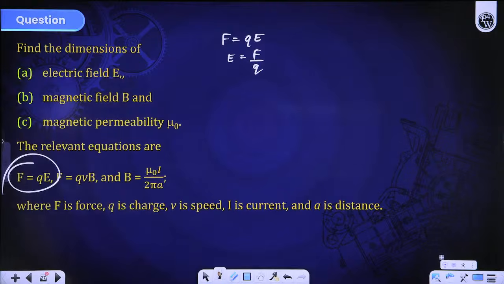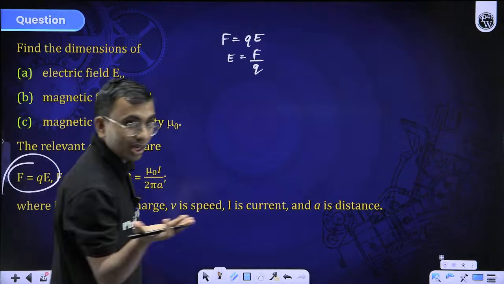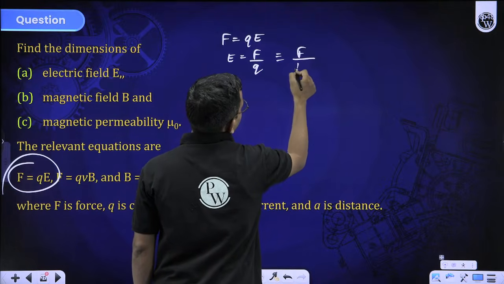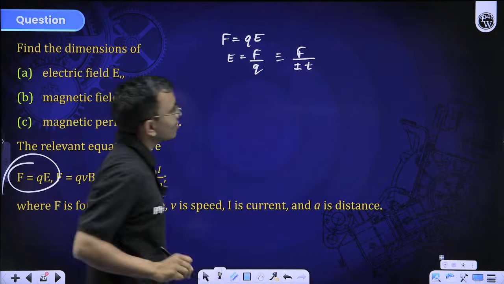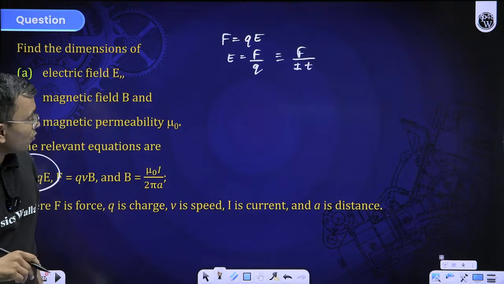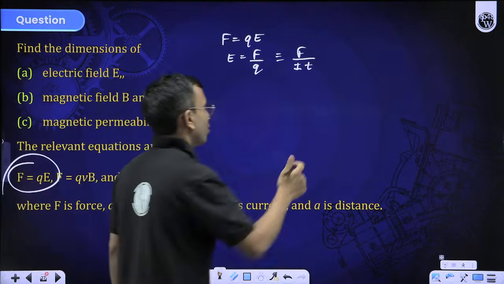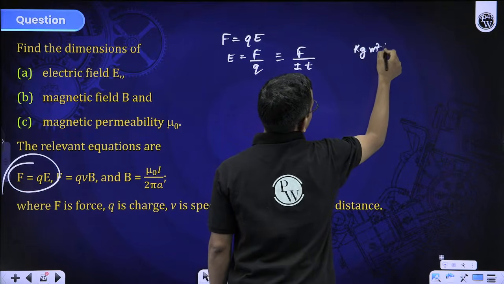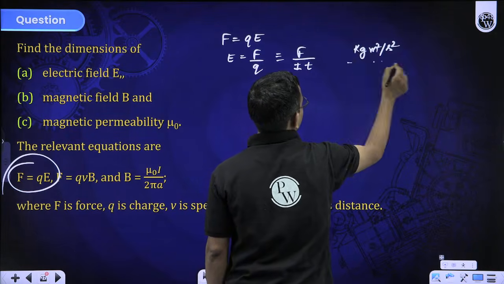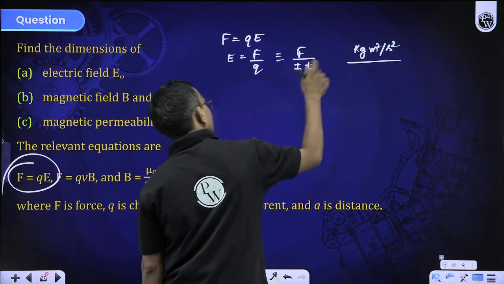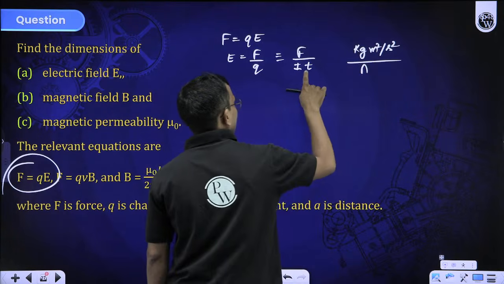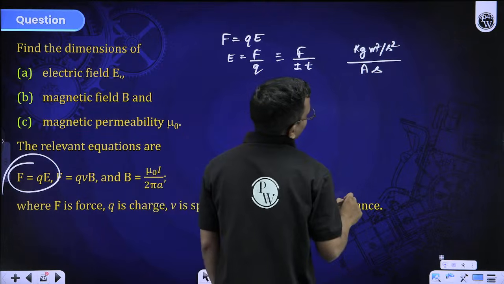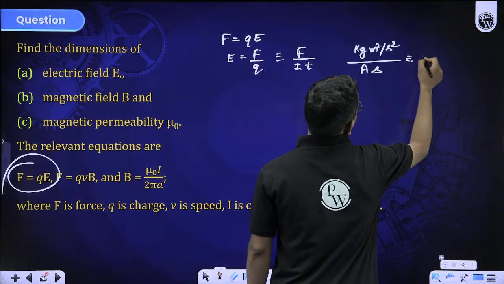Now force I can write. How to write charge? Charge is current into time. So force divided by current into time. What is force? Force is mass into acceleration. So I can write that as kg meter square per second square, mass into acceleration, divided by I, which is current, so ampere, t is time, so second. Then what will be the final units from here?